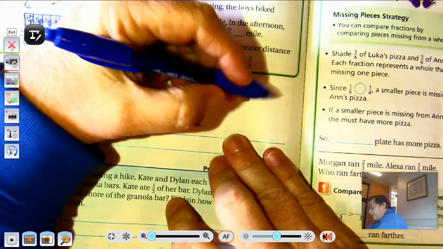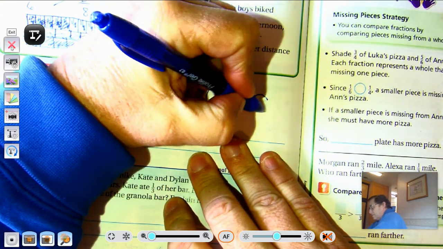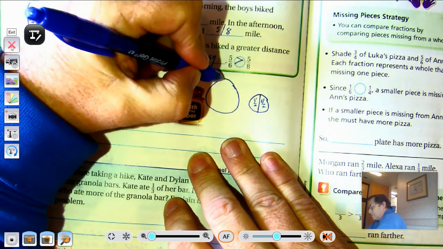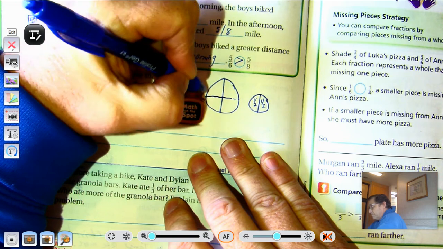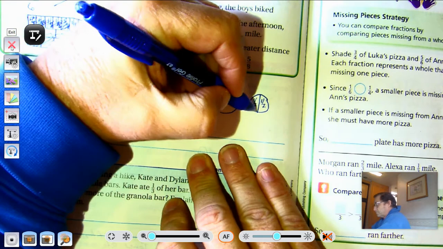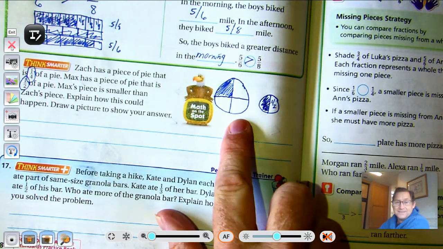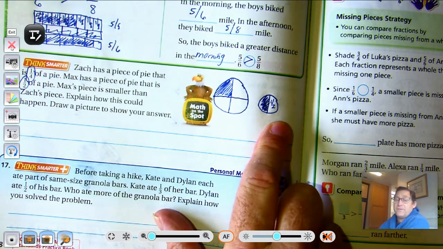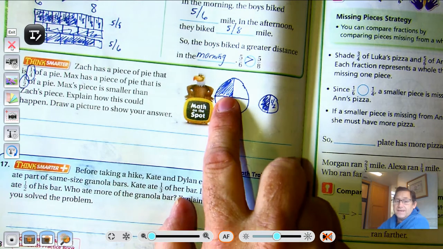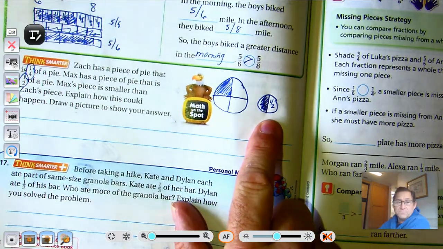So it would have to be something like this. So in this case, since they're not the same, we can't really compare them. Okay, so 1/4 of this will be bigger than 1/2 of this one because this pie is much smaller.